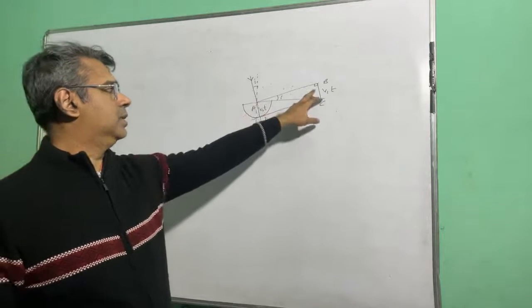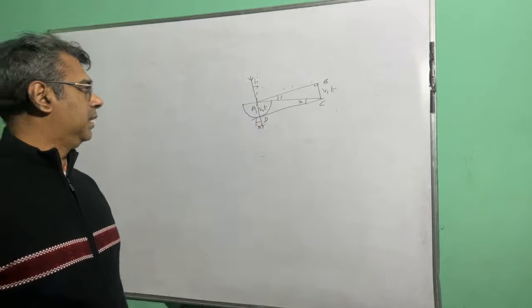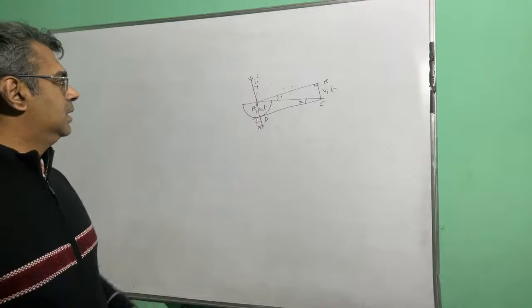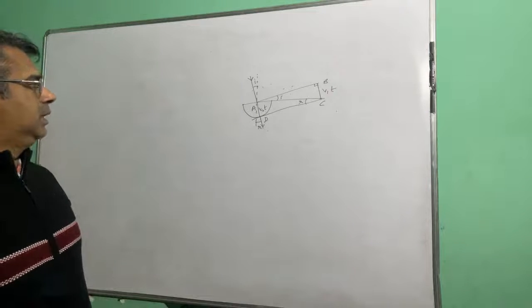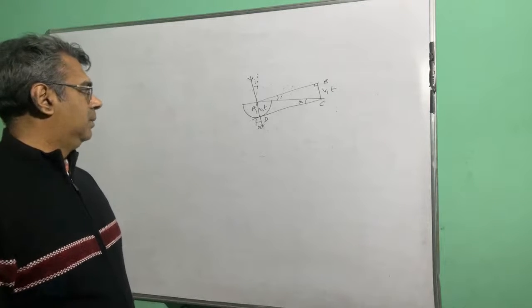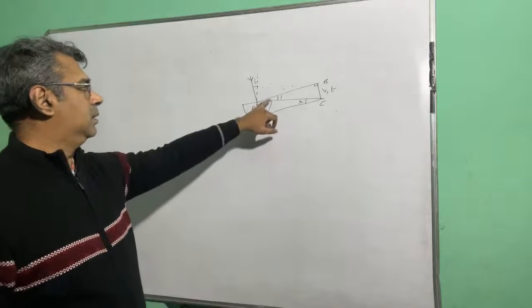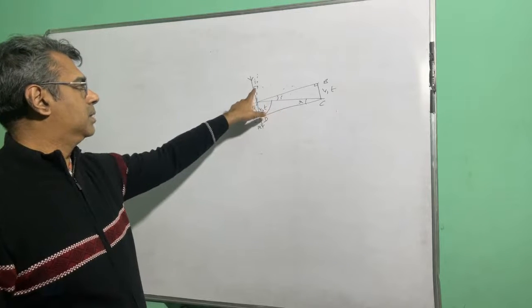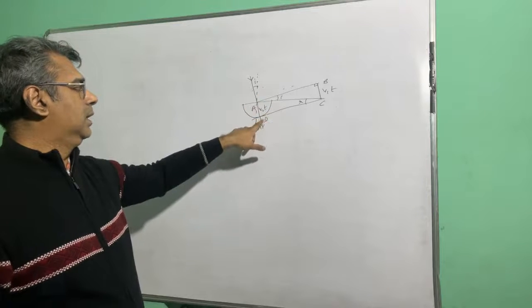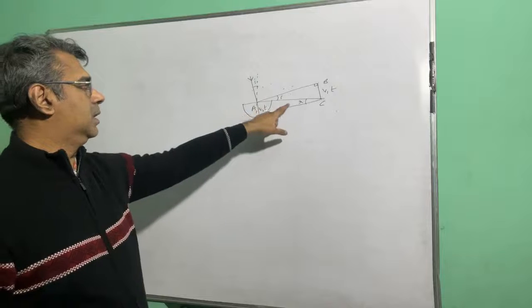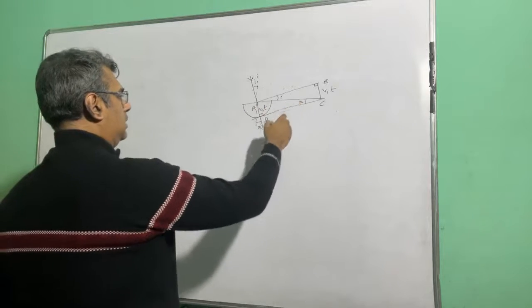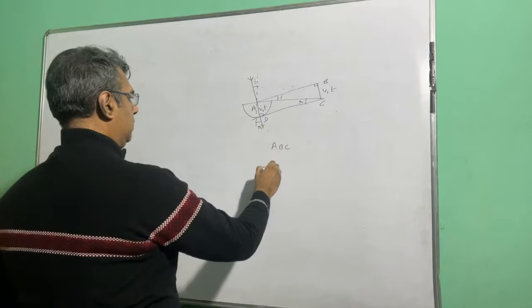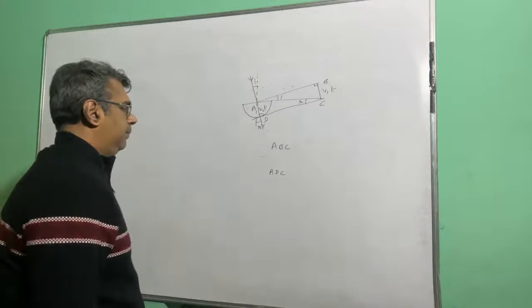So AB is the incident wavefront, CD is the refracted wavefront. Angle of incidence is I, angle of refraction is R, and by basic geometry we have established that this angle will also be I, because this is 90 minus I, and therefore this is I. This is R, so this is 90 minus R, and therefore this is R. There are two right angle triangles, ABC and ADC.